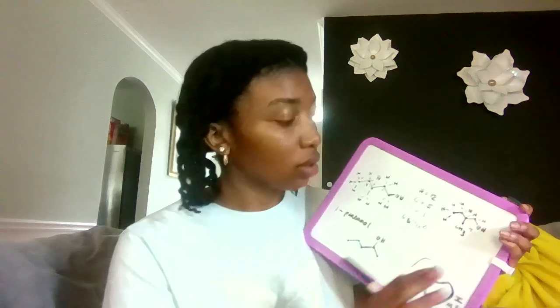And then with a little bit of help, I got the second structure, and it makes sense. This one is a 1, 2, 3, 4 carbon chain, so that means it's butanol. And then you would say 1-butanol. No, now you'd say the location. Yeah, it would be 1-butanol anyway.